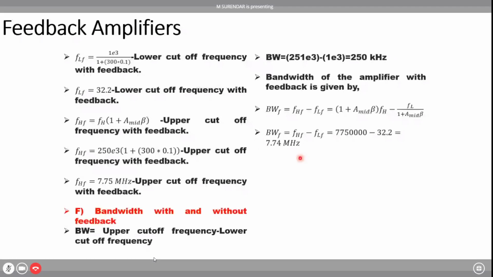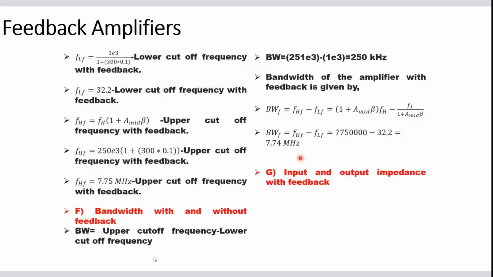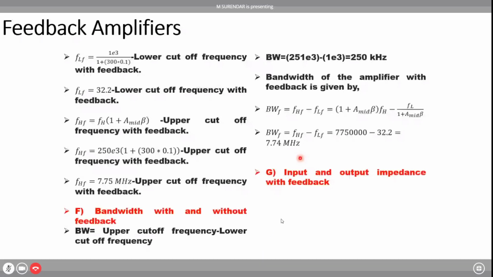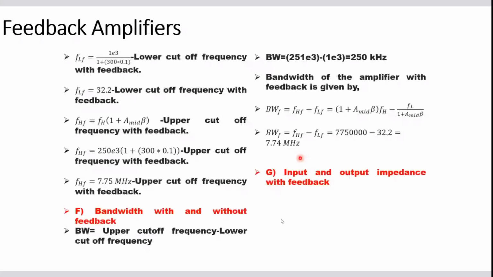And the very important thing is the input and the output impedance. I think initially we have solved this. This is the input impedance with feedback. You can clearly see that it is straightforward: Zi times (1 plus beta A).